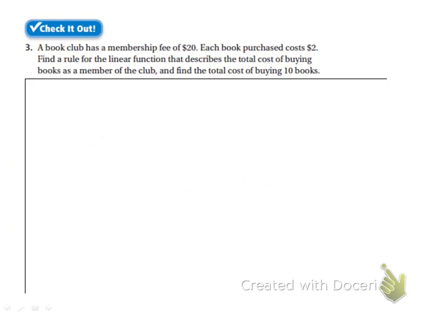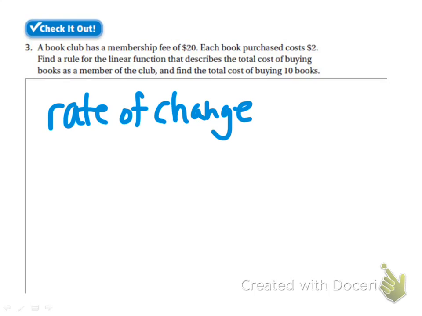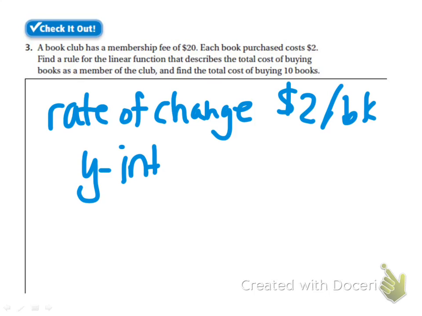Okay, I'd like you to pause the video and check it out number 3 on your own. So for check it out number 3, we should have found that the rate of change was $2 per book, and that the y-intercept was $20.